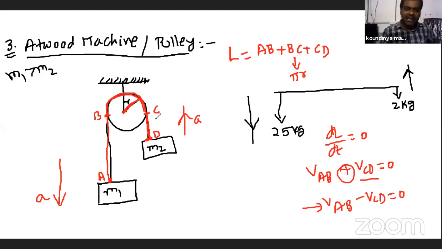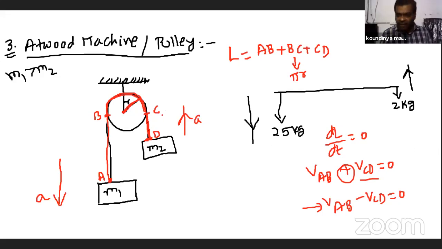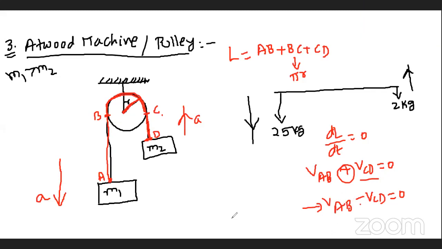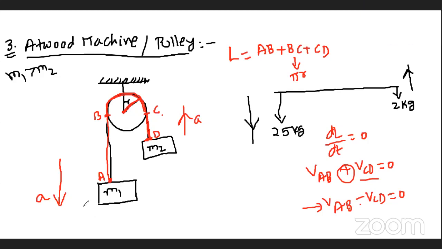Whenever the mass is moving towards the center of the pulley, the displacement decreases. Due to that, velocity decreases. Whenever the velocity decreases, we indicate it with a minus sign. Here for AB, the displacement is increasing, so velocity increases.